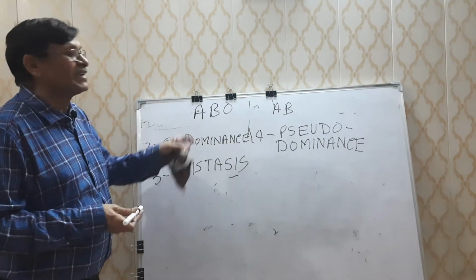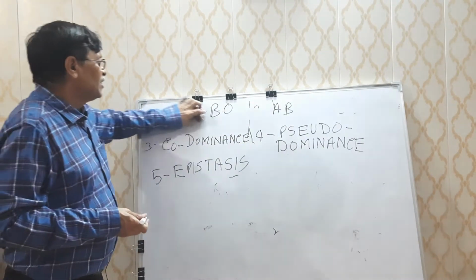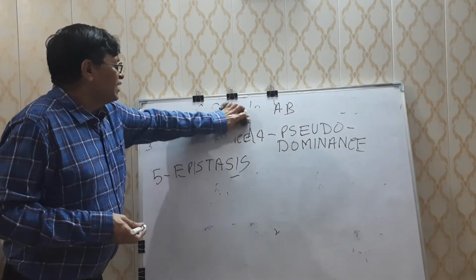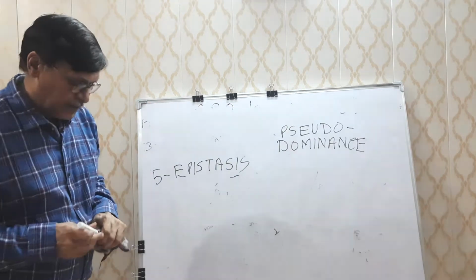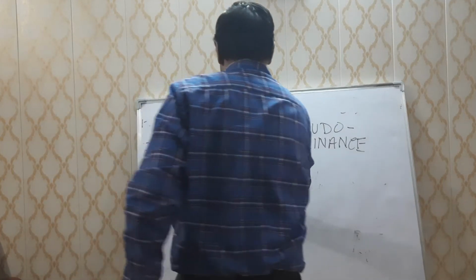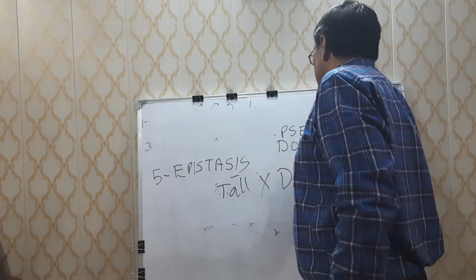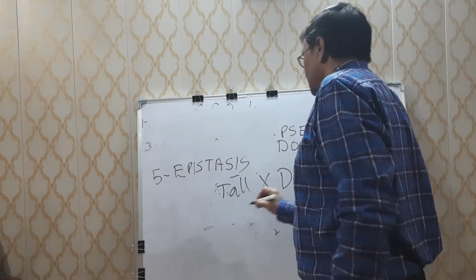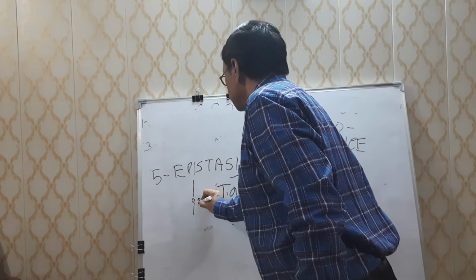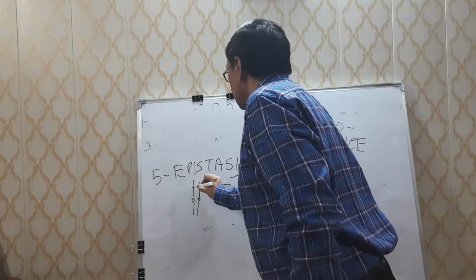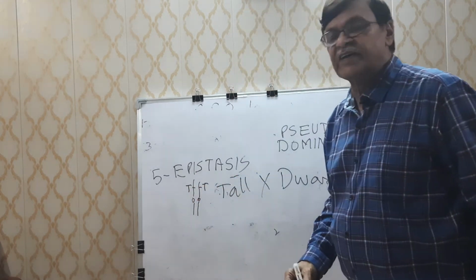Now we will talk about another very interesting example, pseudodominance. What is pseudodominance? Suppose there is a tall individual and there is a dwarf individual, and here two genes are there for tallness.